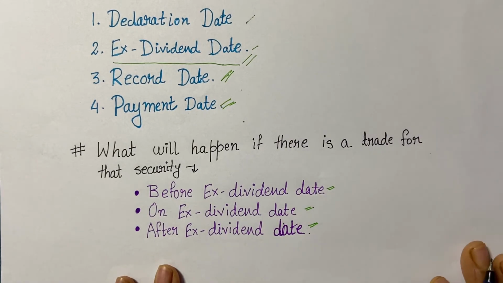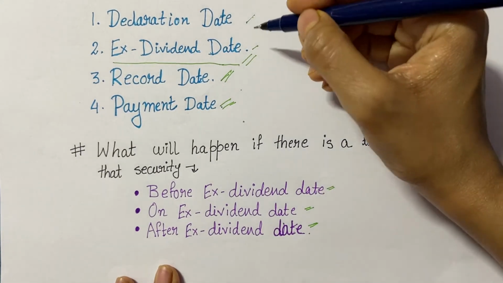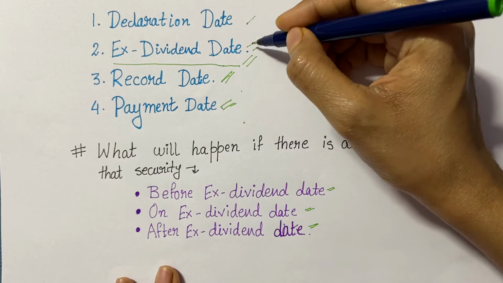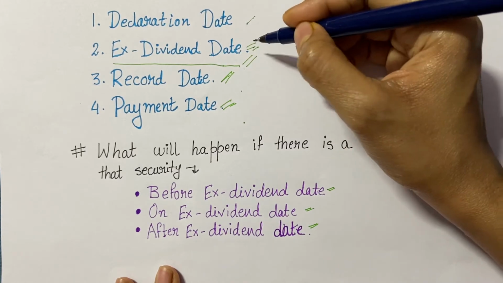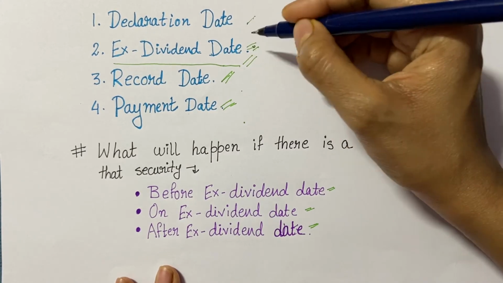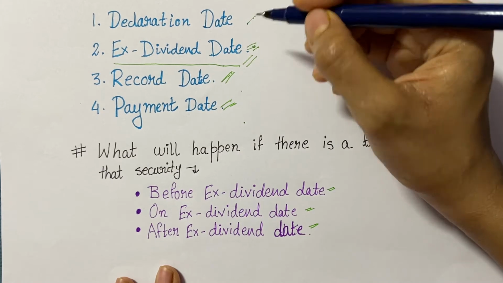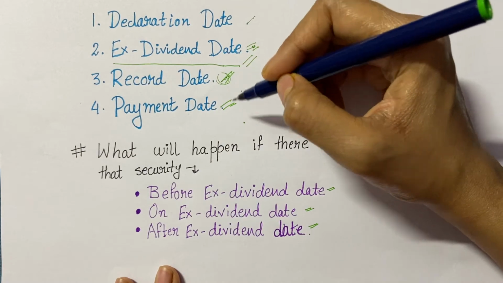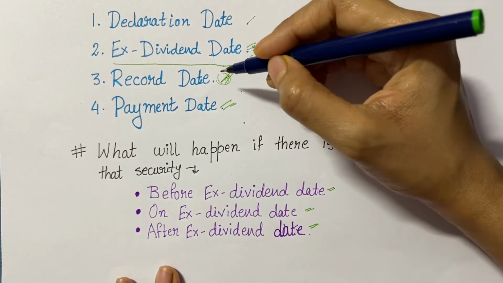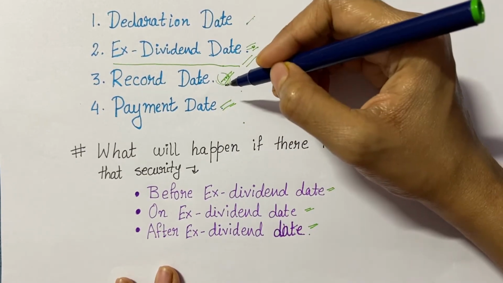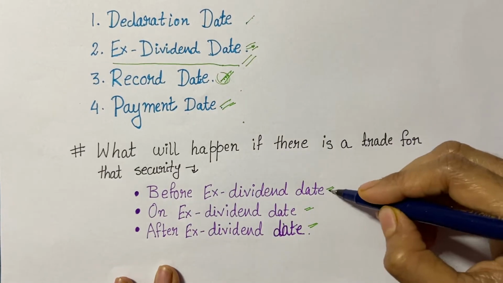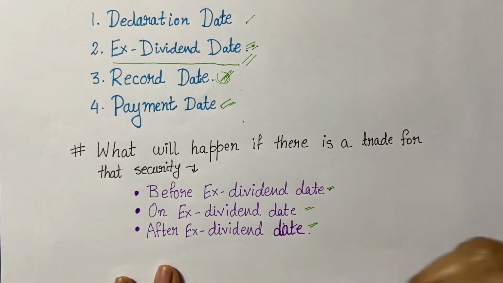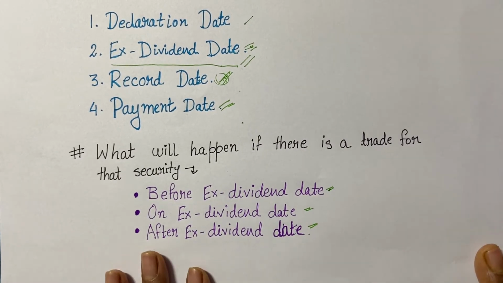Why does the trade come into the picture? Because the ex-dividend date is the date on which, if you are holding the shares, you will be eligible for the dividend, and the record date is the date on which the company checks its book of records to see if you are eligible. How a trade on those dates impacts your eligibility, I am going to explain now.